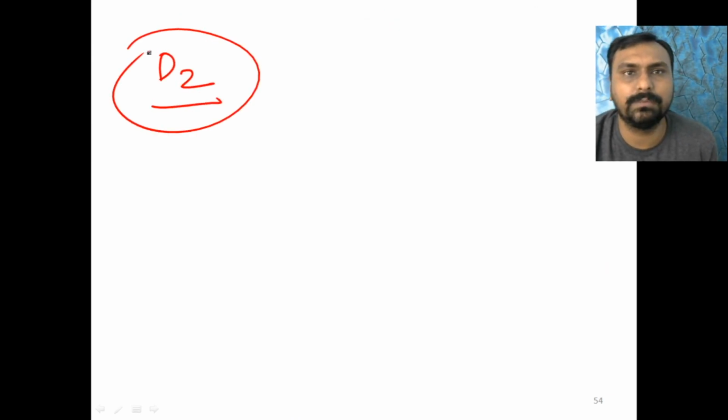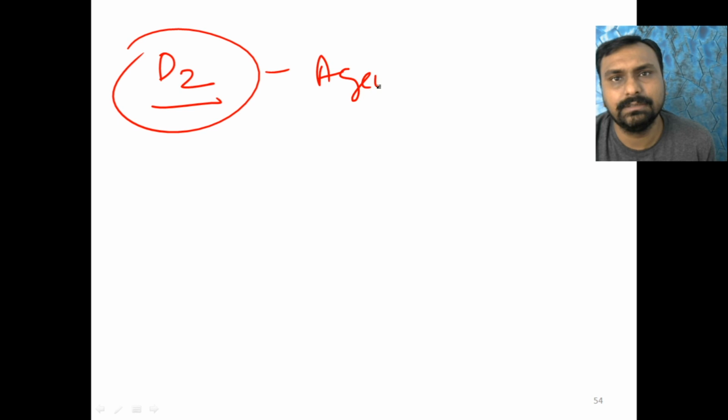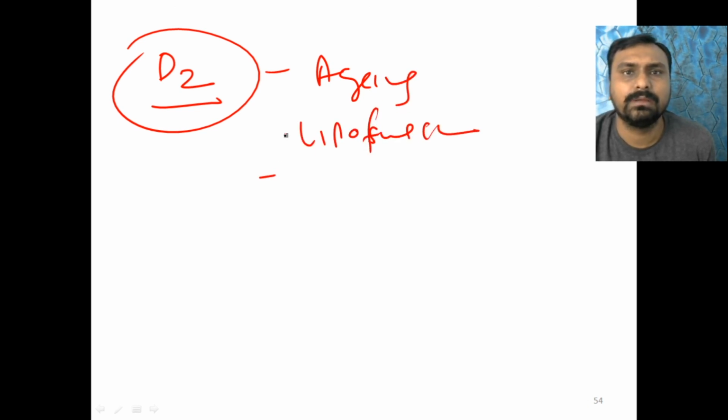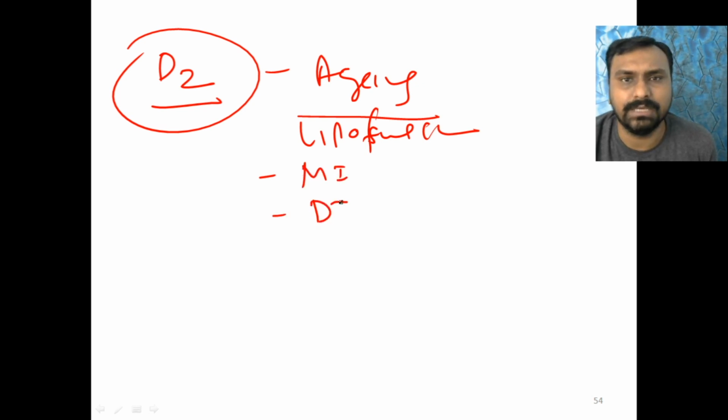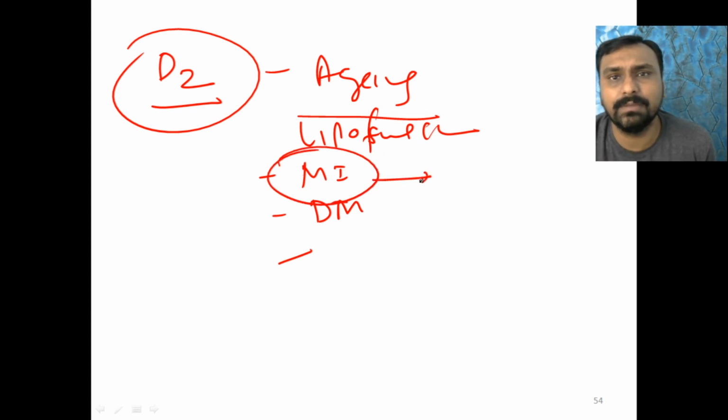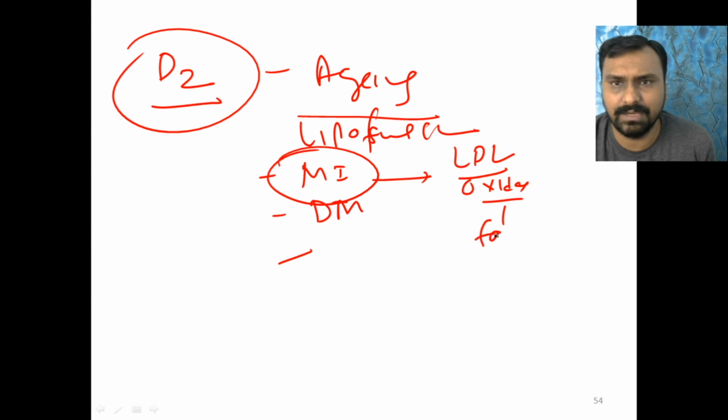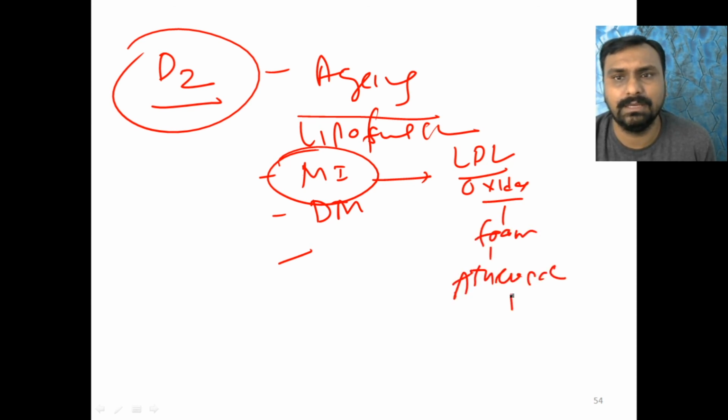And what are the diseases related to the free radical? So there is aging, lipofuscin pigment formation, okay, then chance of myocardial infarction, chance of diabetes mellitus. Why myocardial infarction? Because if LDL is oxidized, ultimately they form foam cells and form atherosclerosis and cause heart attack.